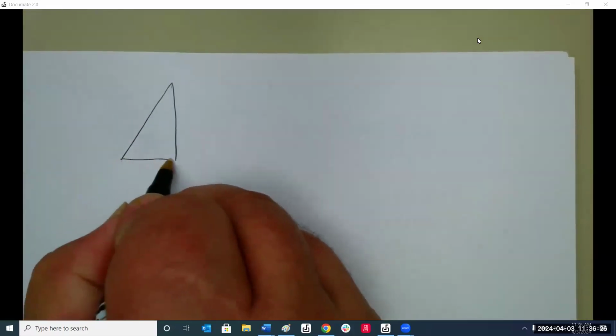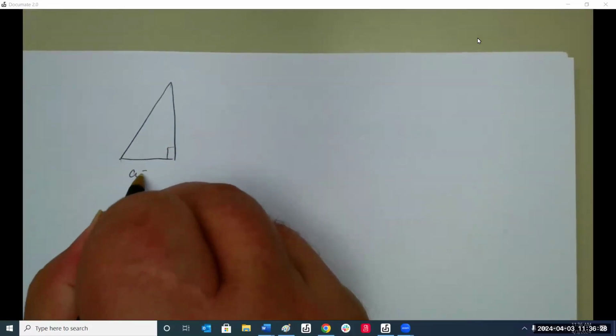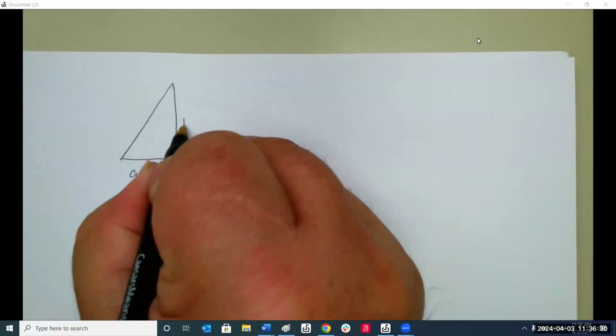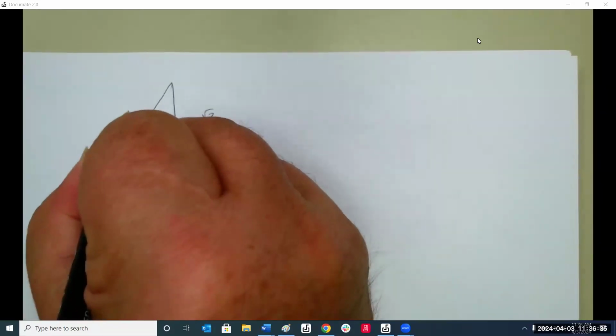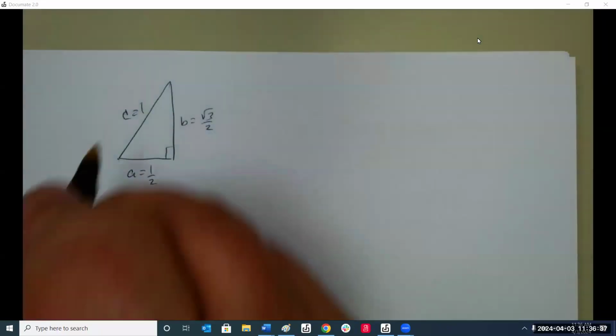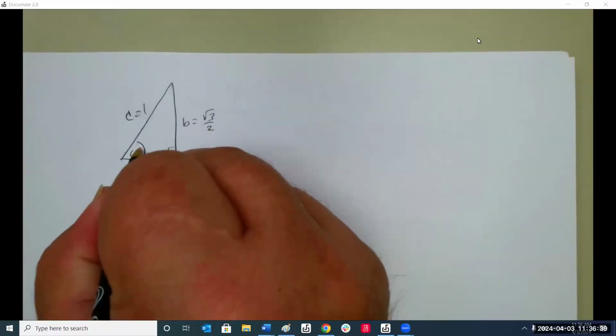So yeah, we have this. A equals 1/2. B equals square root of 3 over 2. And C equals 1. And this is 60 degrees.